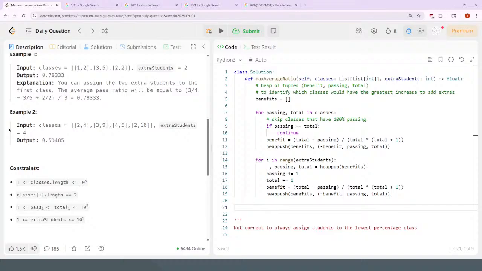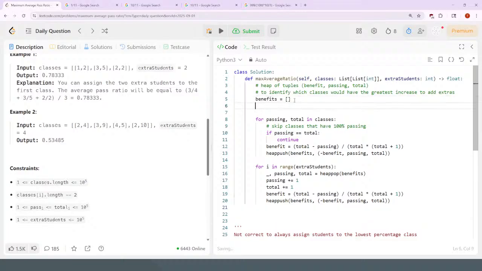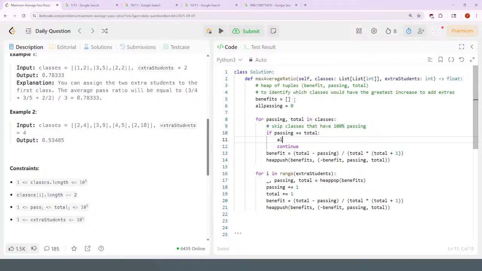And then after it's all said and done, let's say I keep track of the number of things that are all passing because that's going to affect the average. So then when I'm done here, I need to add the percentages.